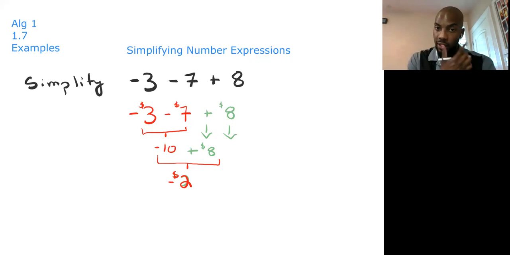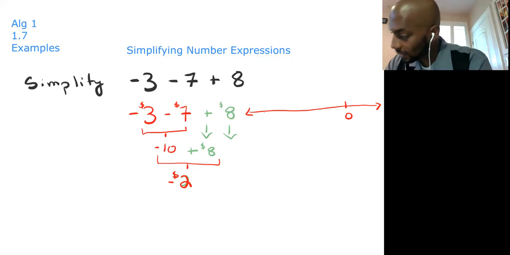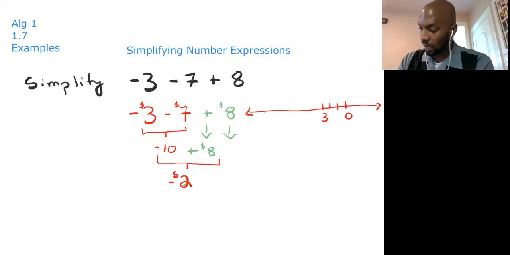Now I can show you what that looks like on the side. So I have a number line here. I've got my 0 over here because I know I'm not going to ever cross to the positives. And I say, all right, I have 1, 2, 3, negative 3.